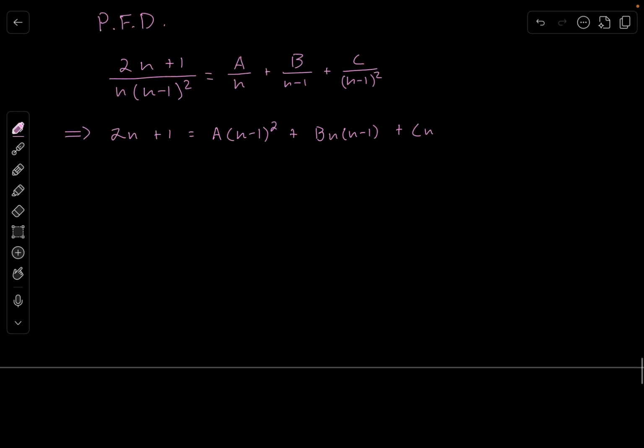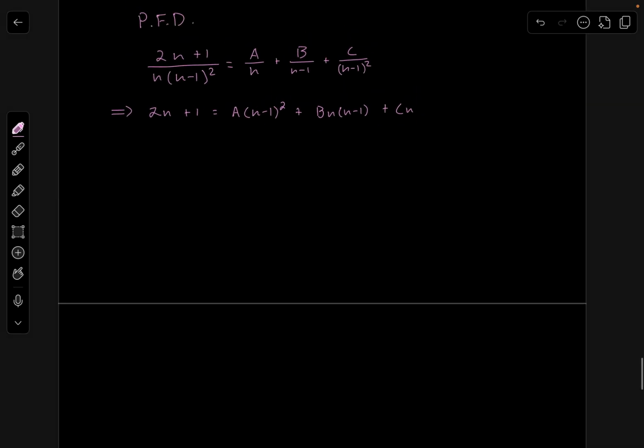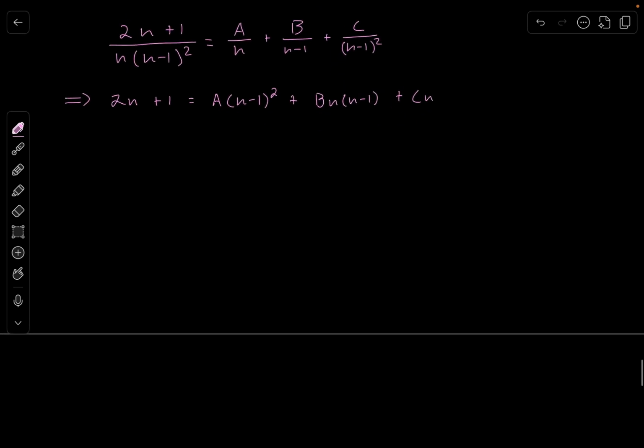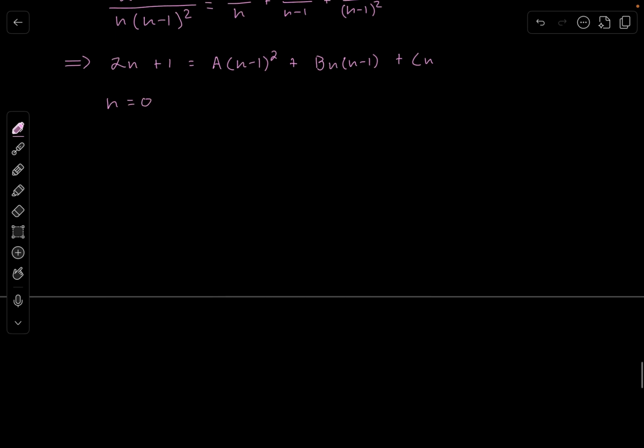And now we set n equal to 1, which makes this a part 0 and this b part 0, so we get 2n minus 1.